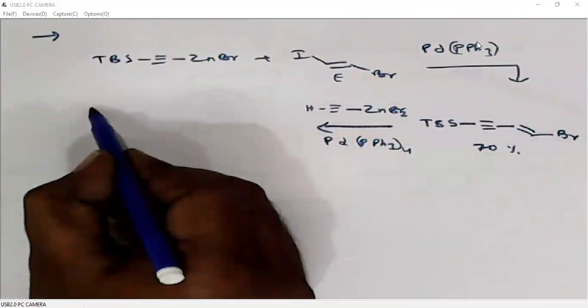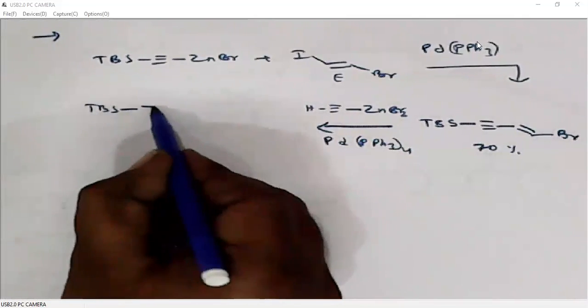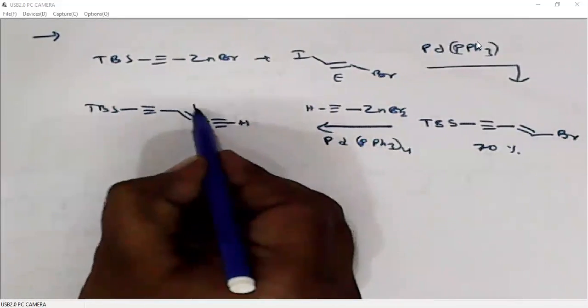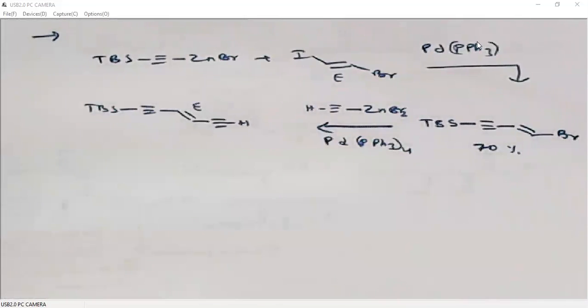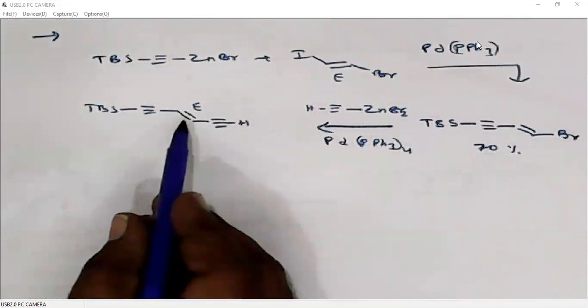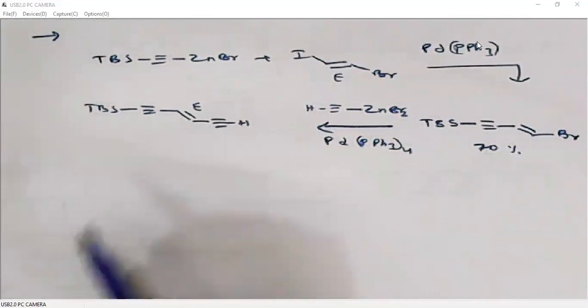So we will get the E alkyne. In the previous case we got the Z dialkyne. Here we get the E dialkyne.